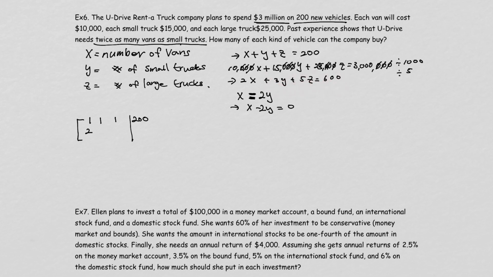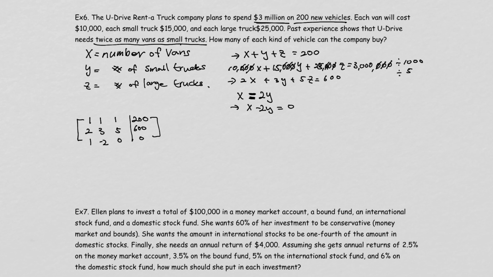And then the third equation, we have x is 1, y is -2. We don't have a z, so z will be 0, and solution 0. So I will have 1, -2, 0, and 0.